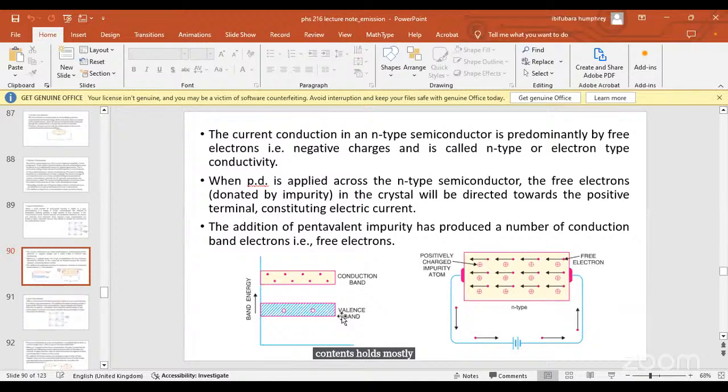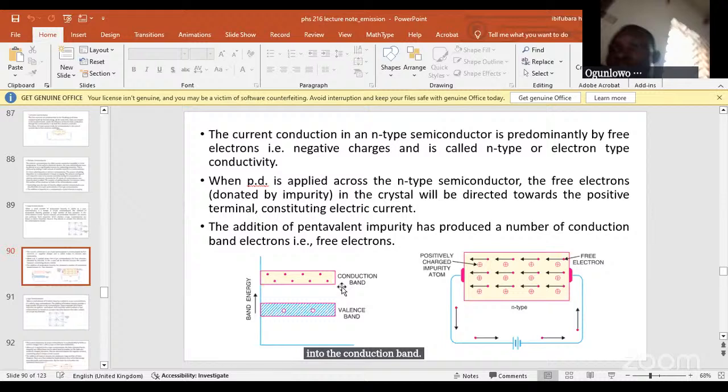So the number of electrons in an intrinsic semiconductor is equal to the number of holes. But in the extrinsic semiconductor that we have here before us, we have more electrons than holes, and the electrons will occupy the conduction band. That is where they conduct, where they operate, where they move from one place to the other. They are excited from the valence band into the conduction band.